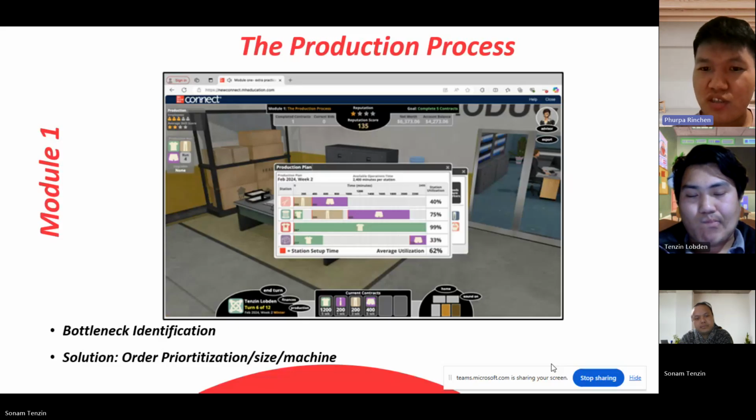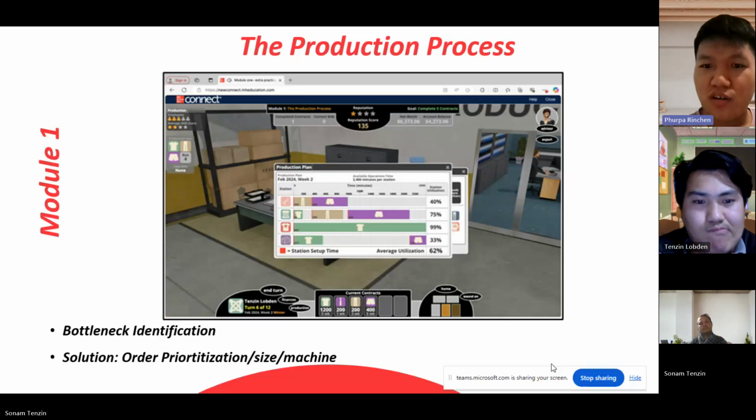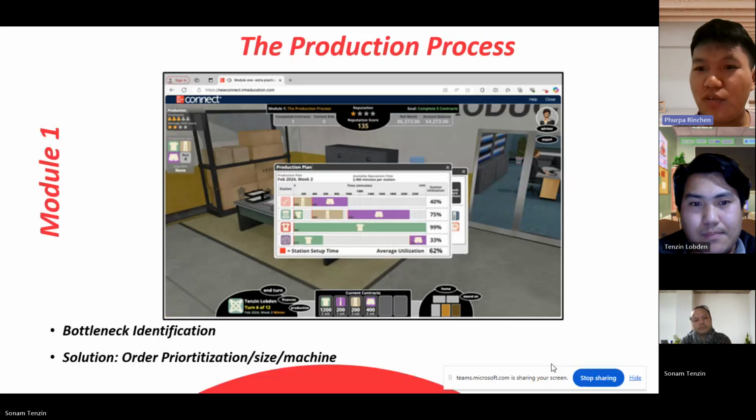In order to solve this issue, we reprioritized our orders based on priority. For example, the priority for t-shirt was 2 weeks more compared to slacks. That's why we changed the priority of slacks to priority 1. Another factor we need to consider is the size of the order.